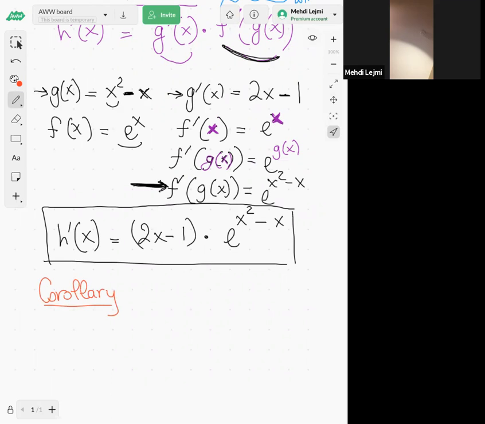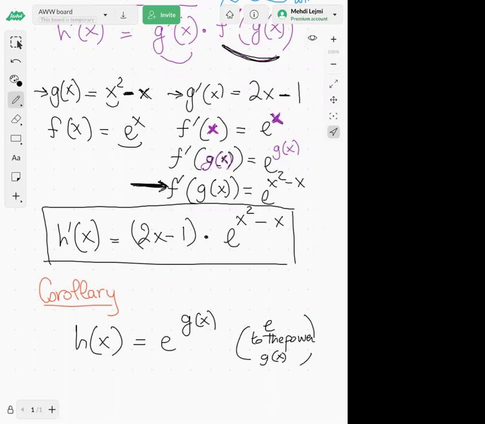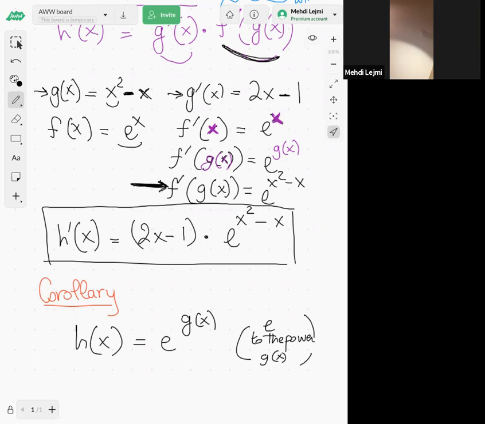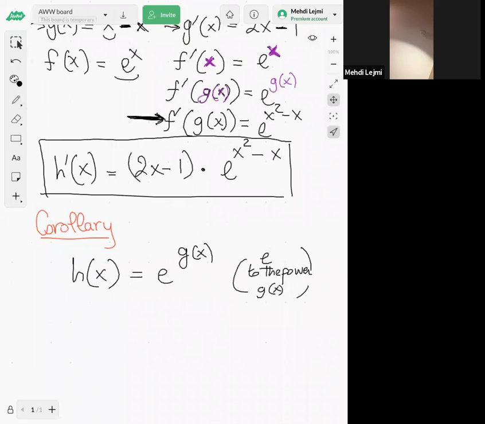What I'm saying, guys, is that if you have some function which is of the form e to some function, so let's say h of x is equal to e to the power g of x. Yes, very good, Mamadou, yes.